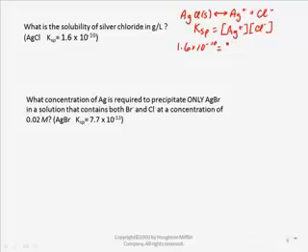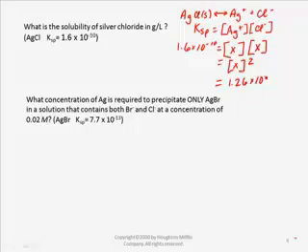So the silver ions would be X, and the chloride ions would also be X. Taking the square root of both, I'm going to get 1.26 times 10 to the minus 5, and that's in moles per liter. That would be the solubility of my silver chloride.